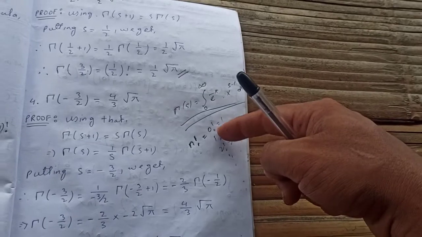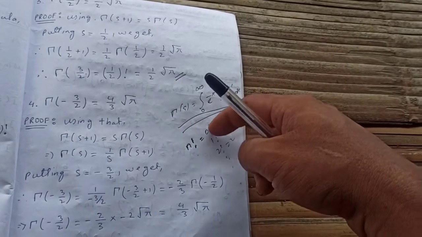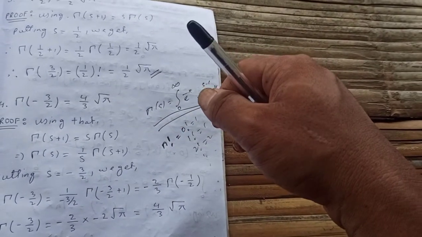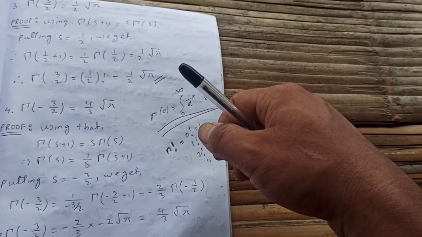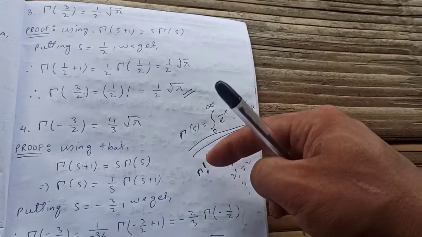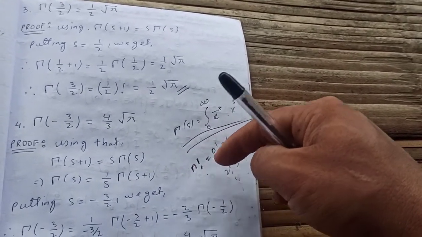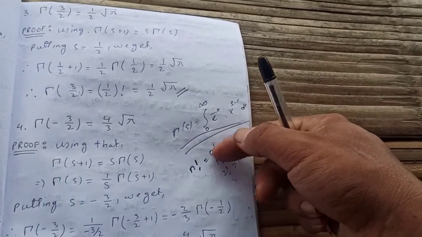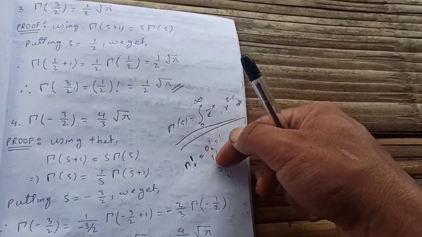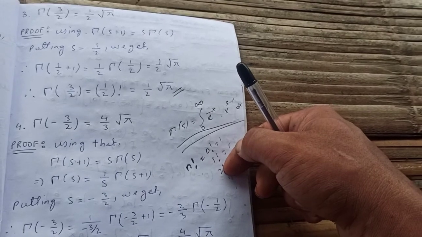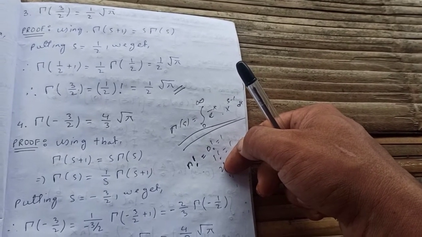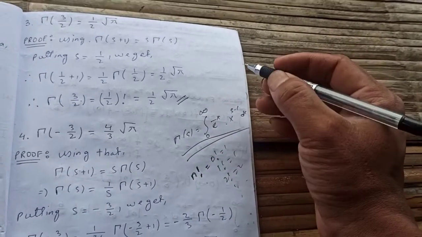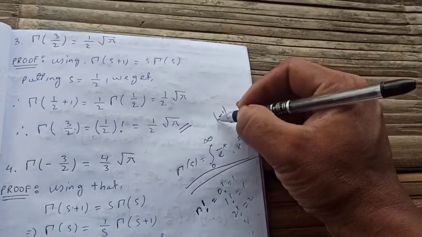That means this factorial function is defined for particular values, only the positive integers with 0, right? That means whole numbers. So that means we cannot have negative 1 factorial, right?